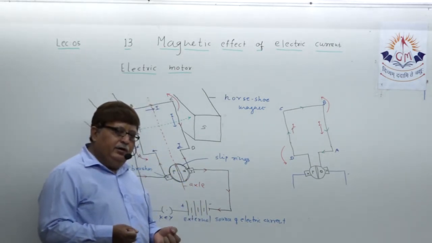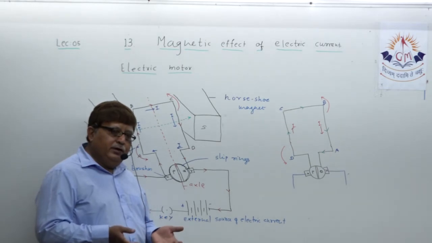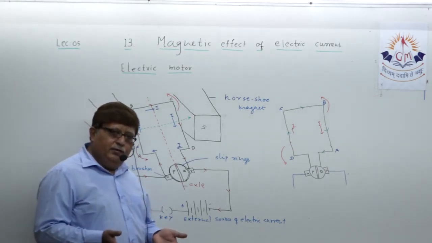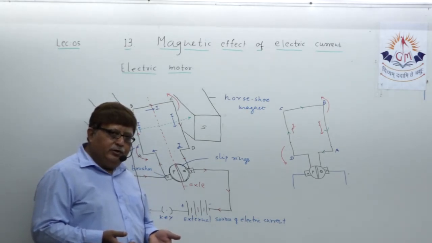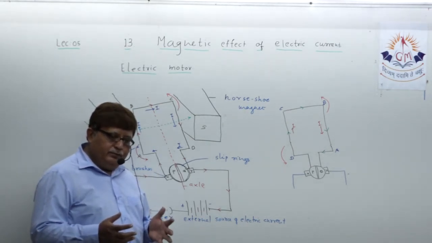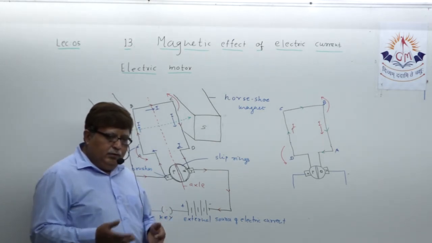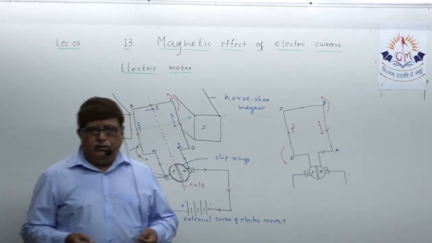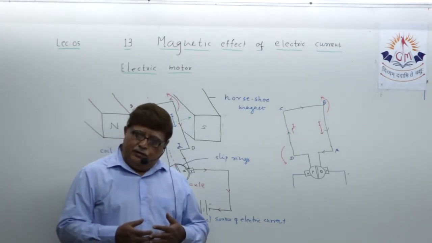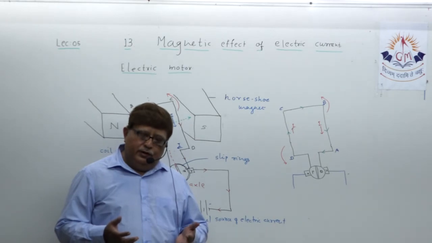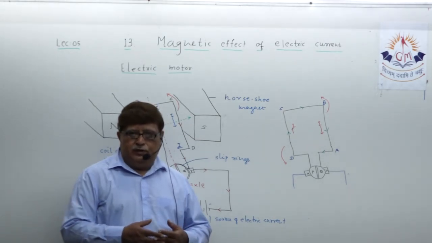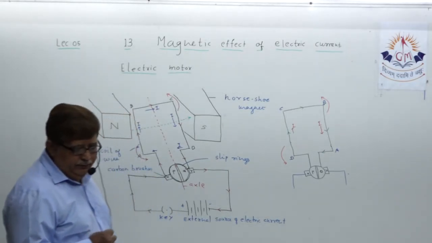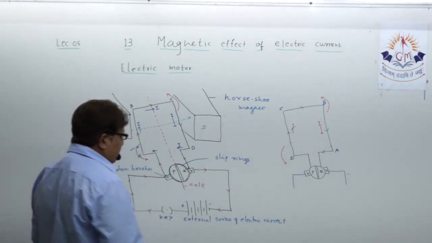Any device at your home, take the mixer or juicer at home, all have an inbuilt electric motor. Wherever you see rotational movement by utilization of electric current, an inbuilt electric motor is going to exist there. Understood? So this is, dear student, the working and uses of the electric motor.